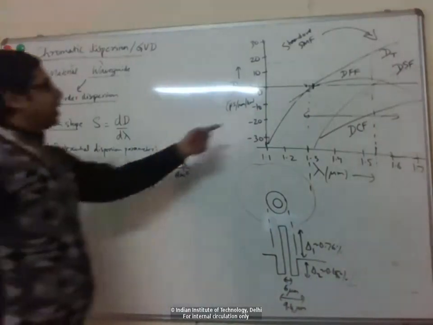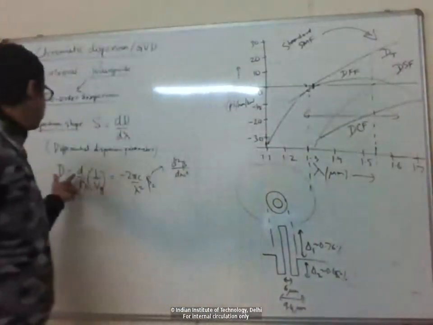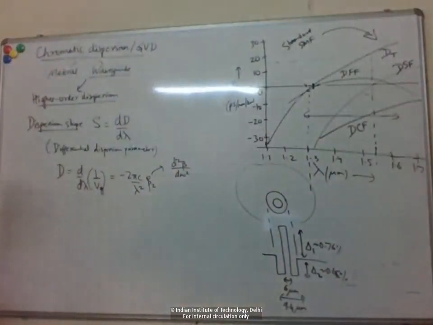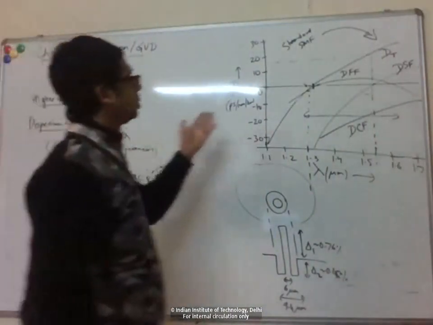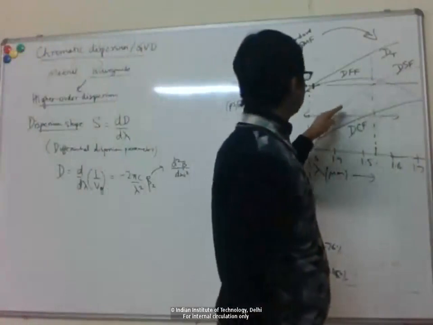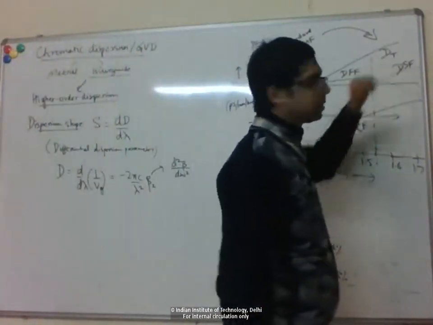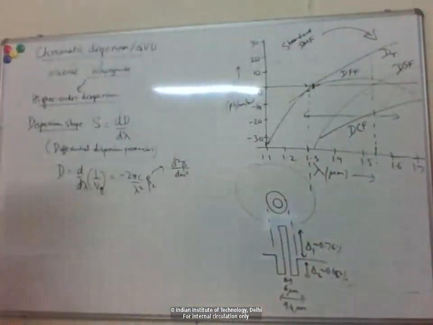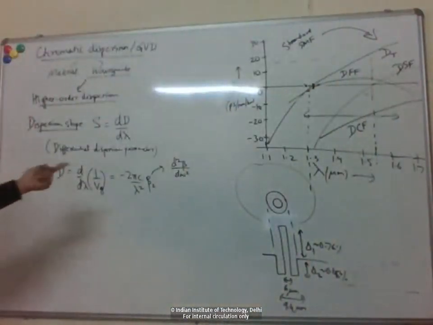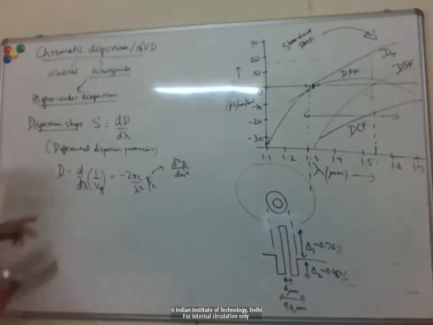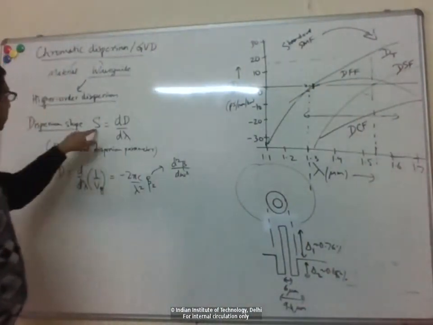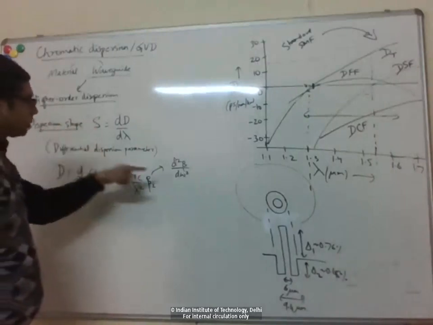So now at this point where D or beta 2 is 0, you can see that this slope is not 0, right? So at this point dD by d lambda is still non-zero. So that's the next order term I was talking about in the Taylor expansion. So that's called third order dispersion. Dispersion slope is coming about from third order dispersion.